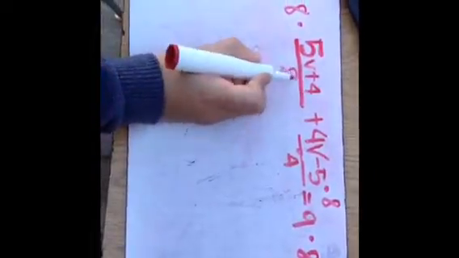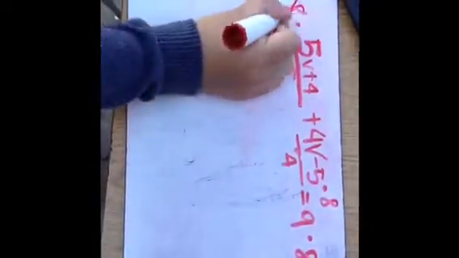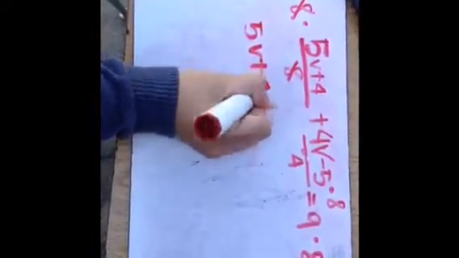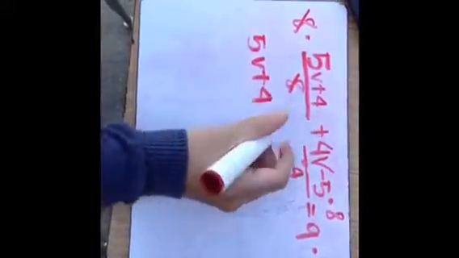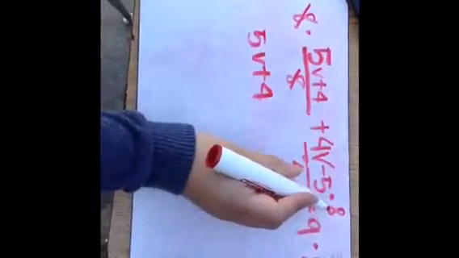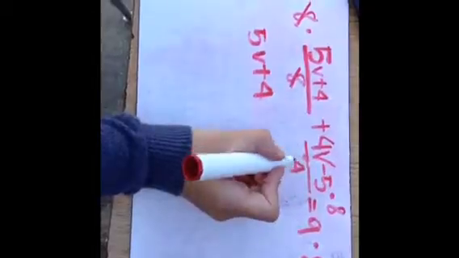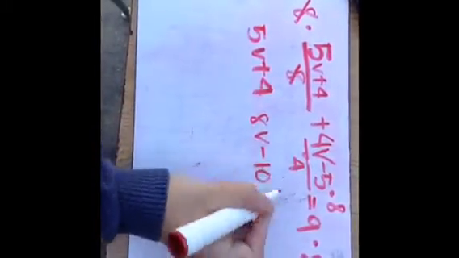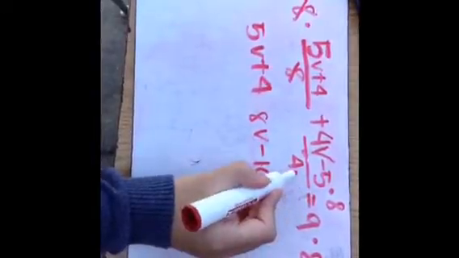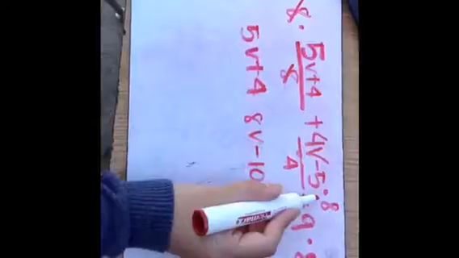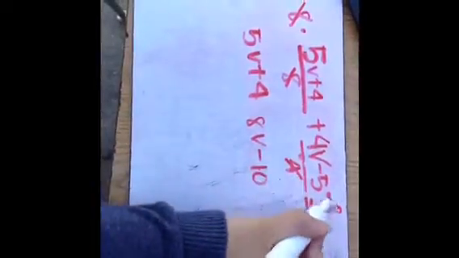5v plus 4 over 8 times 8 can be simplified to 5v plus 4 because they can be canceled out. 4v minus 5 over 4 times 8 can be simplified to 8v minus 10 because when you are multiplying the denominator 4 and the LCD 8, you can simplify each by dividing by 4.